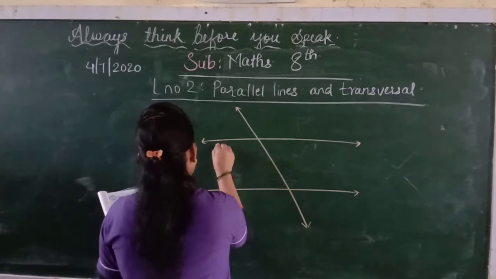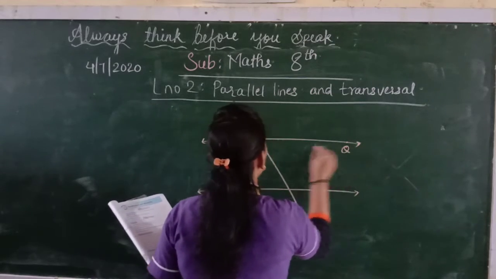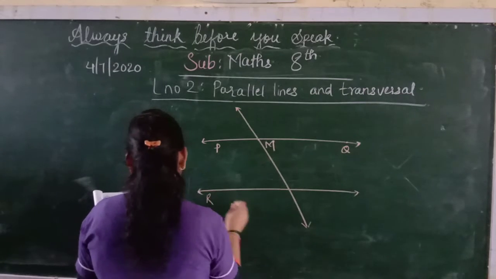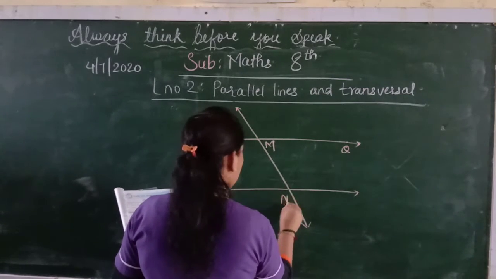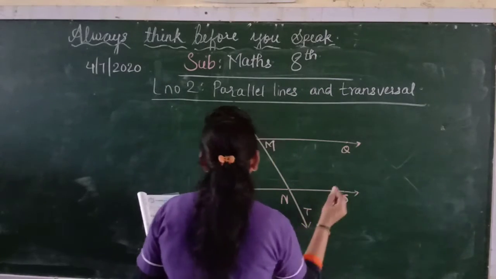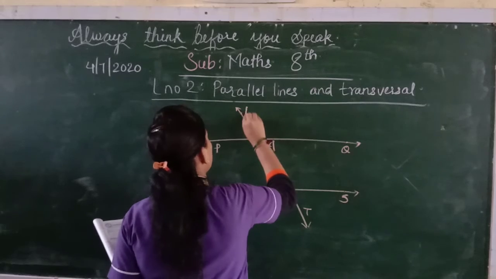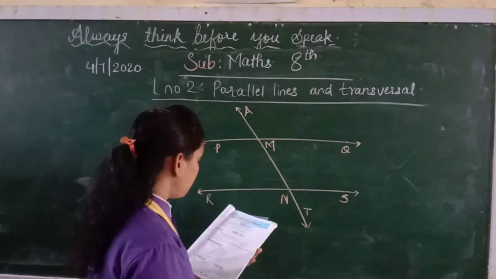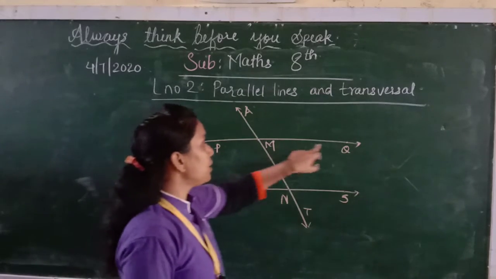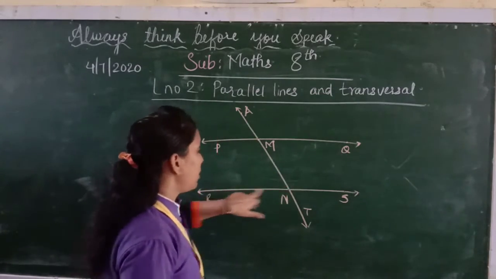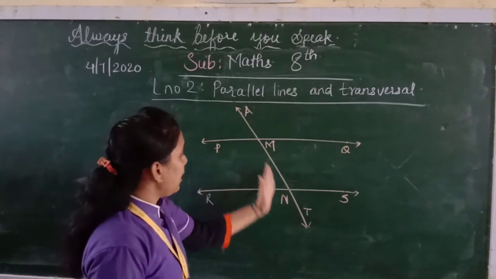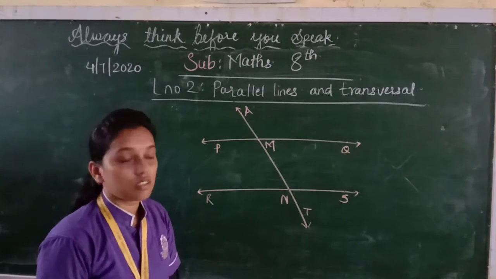Now let this be Q. Let this be M. This is R. This is N. This is P. This point is S. And this point is T. Now as you see here, PQ is one line, RS is the other line, and these two lines are parallel to each other, and AT is the transversal.